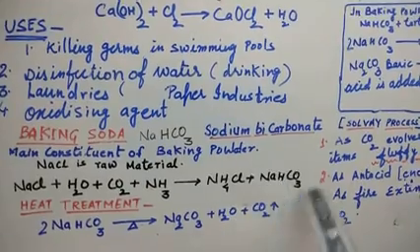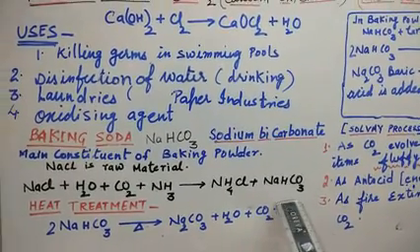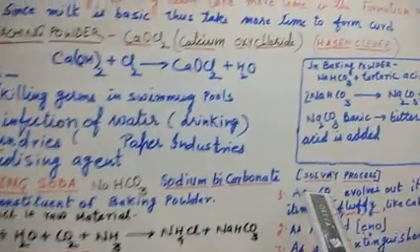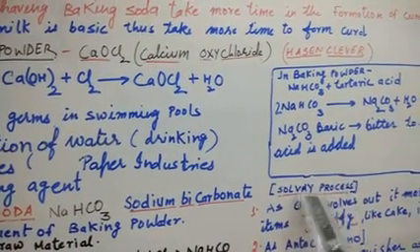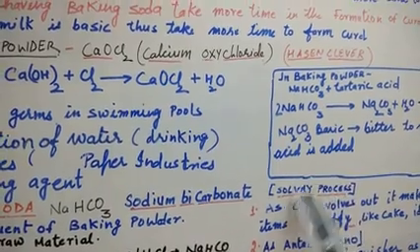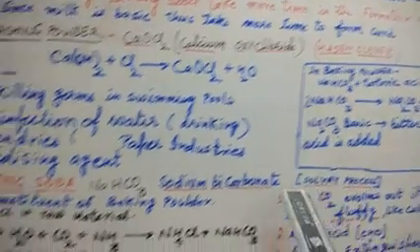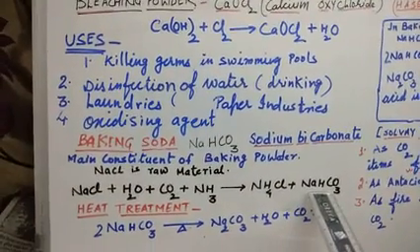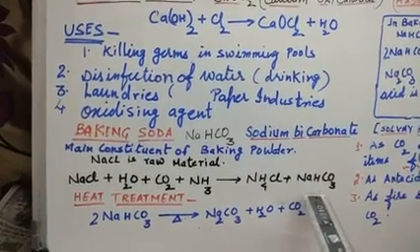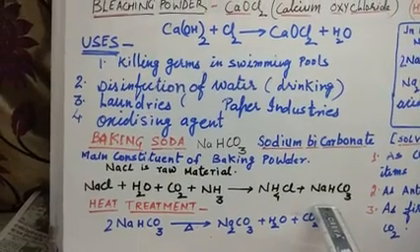So we have prepared this NaHCO3 by which process, friends? The process name here is Solvay's method. Solvay process. Solvay's method. Okay. So we have prepared this sodium bicarbonate. Okay. Here one very important thing, students.